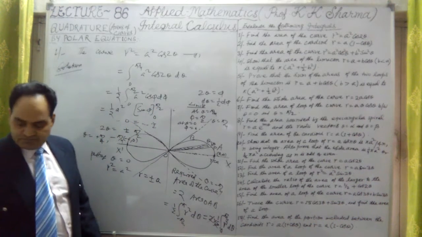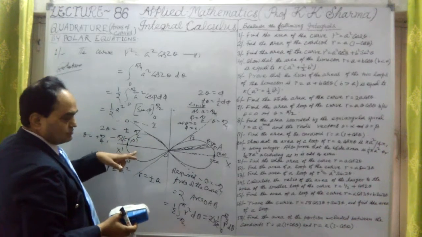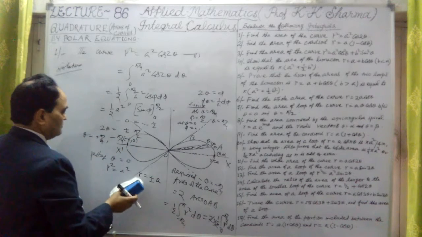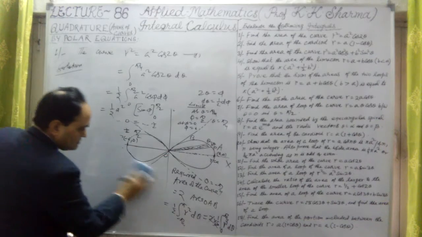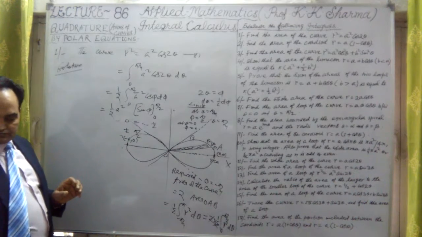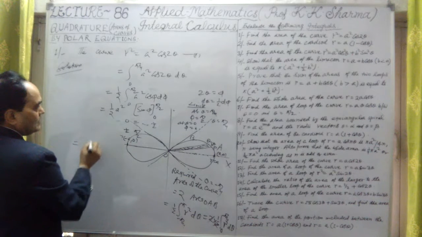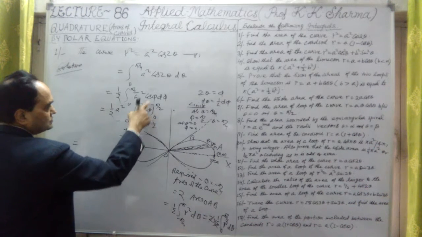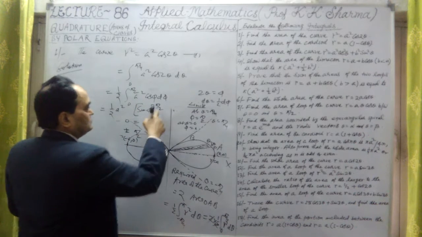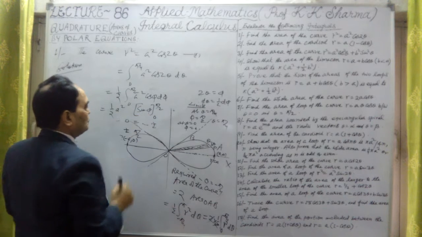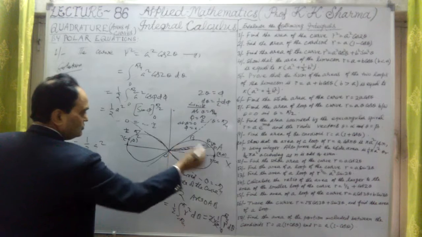But if I make twice of this, because if this total area is calculated, then twice of this also gives us only a square. So total area is a square only, of this whole area. So total area is equal to, this is 1 only, because cos phi is integrated as positive sin phi, and then put the upper limit pi by 2, it will give us 1, which is 1.2 a square, but this is area of one loop.